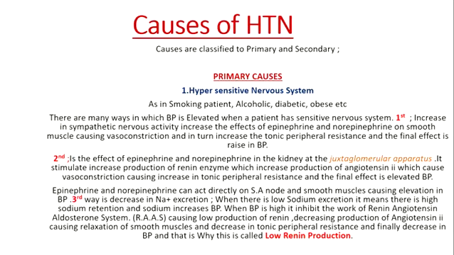So that's one way in which hypertension is caused by hypersensitivity, and it's common in people who are smoking, alcoholic patients, diabetic patients because of hyperinsulinemia, and obese patients because of vasoconstriction. So all these effects cause a rise in blood pressure.